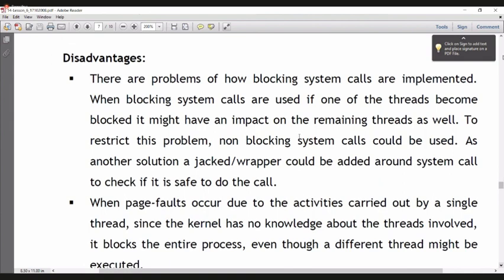To restrict this problem, non-blocking system calls would be used. As another solution, a wrapper could be added around the system call to check if it's safe to do the call.